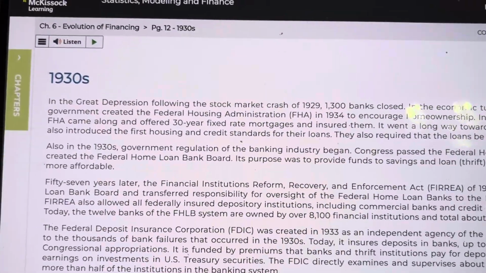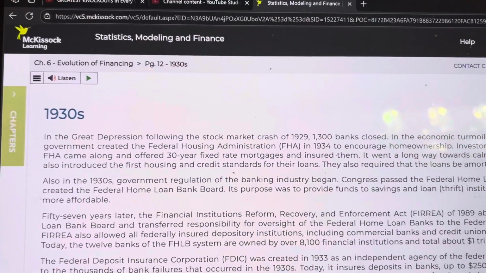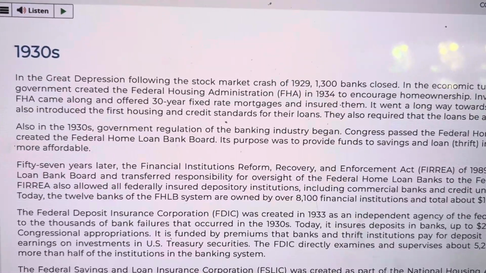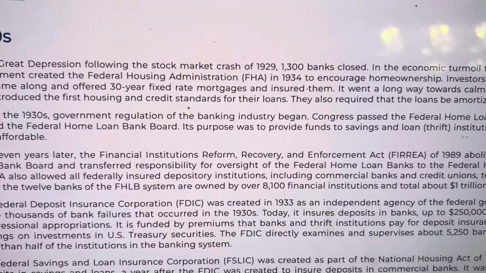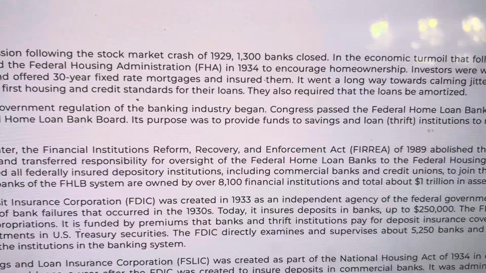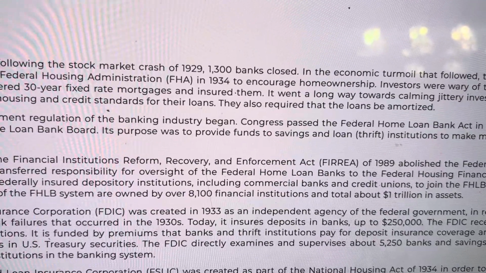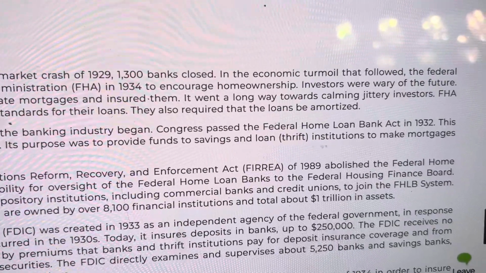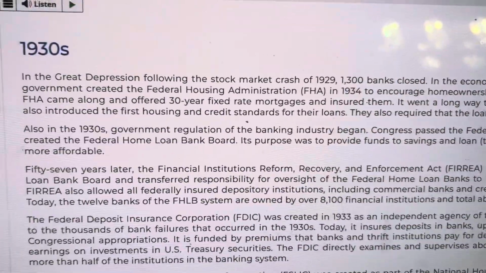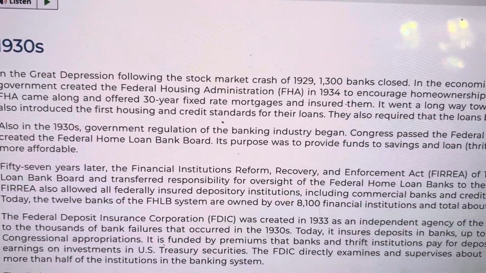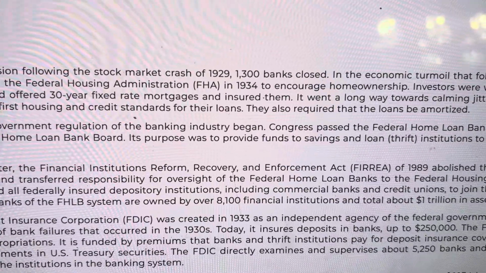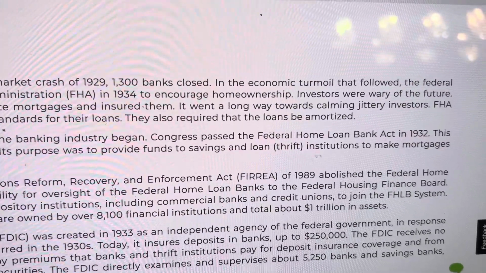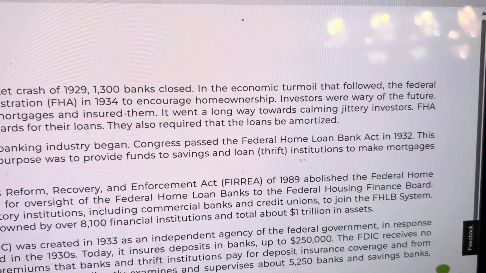Page 12, 1930s. In the Great Depression, following the stock market crash of 1929, 1,300 banks closed. In the economic turmoil that followed, the federal government created the Federal Housing Administration, FHA, in 1934, to encourage home ownership.